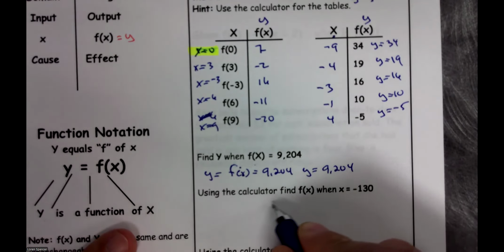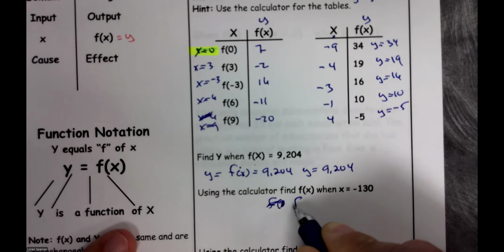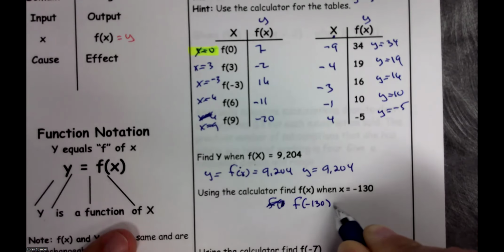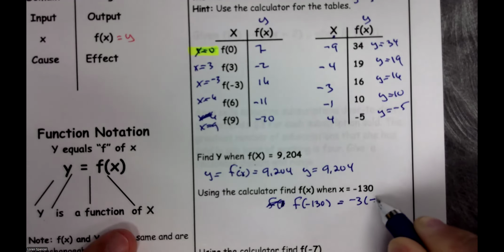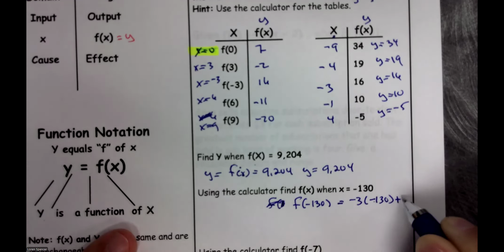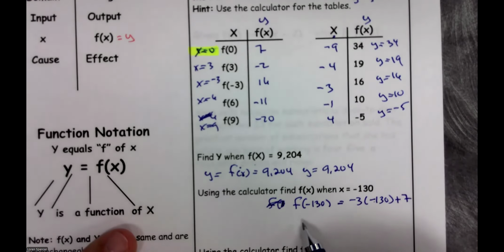What they're saying here is they want to find f of -130, which is equal to -3 times -130 plus 7. These mean exactly the same thing because this is saying f of X equals -130.